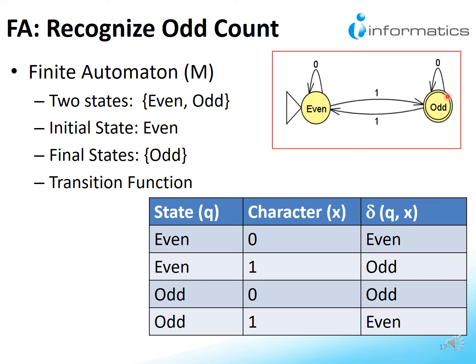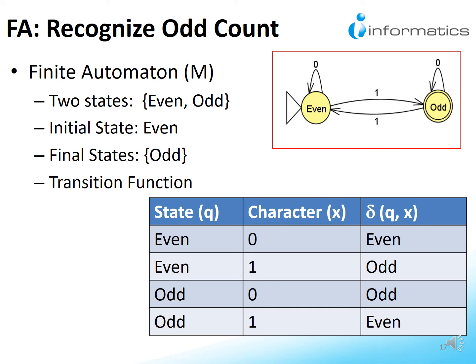Similarly, at the odd state, which indicates that so far it has seen an odd number of 1s, if it sees another 1, it becomes even. And if it sees a 0, it will stay in the same state because 0 doesn't affect the count.